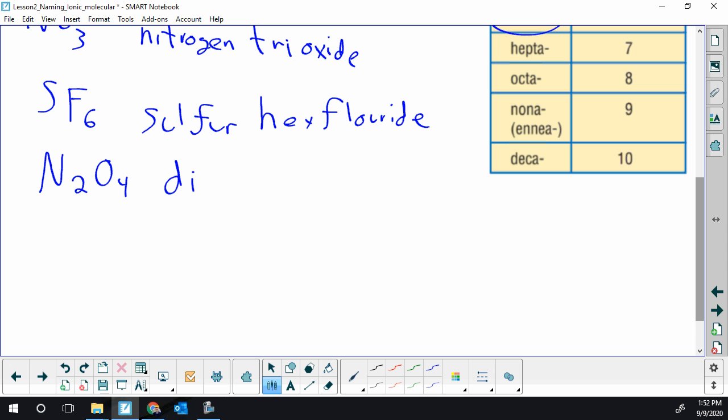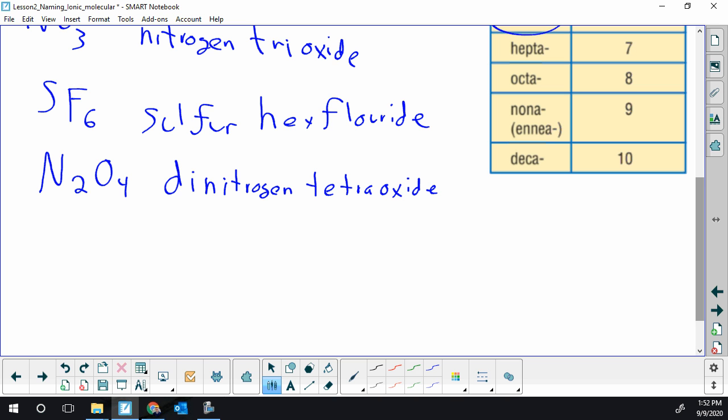They are not charged. Don't try to balance them. Dinitrogen. Then there's 4 oxygen, so tetra. Oxide. We're always changing that second of 2 non-metals ending to "ide."